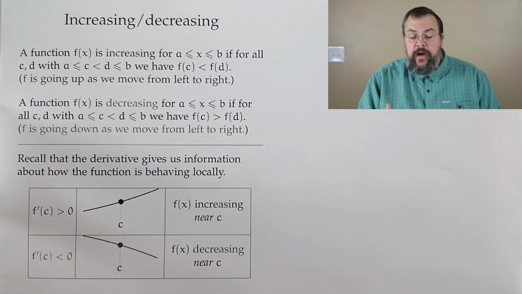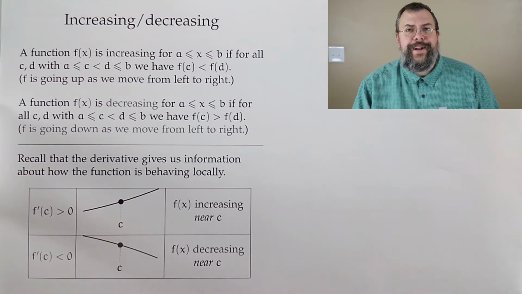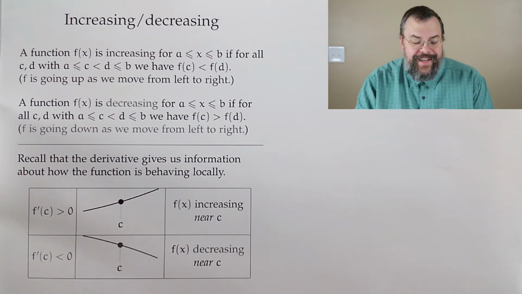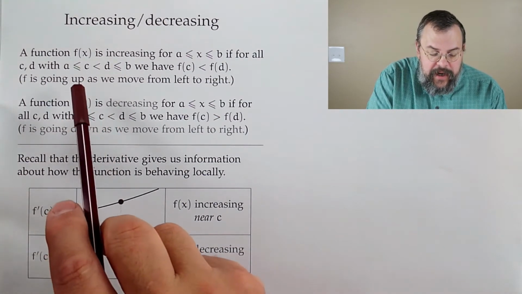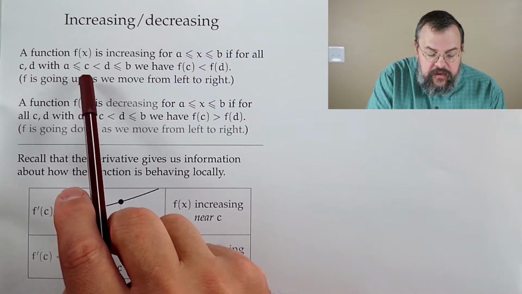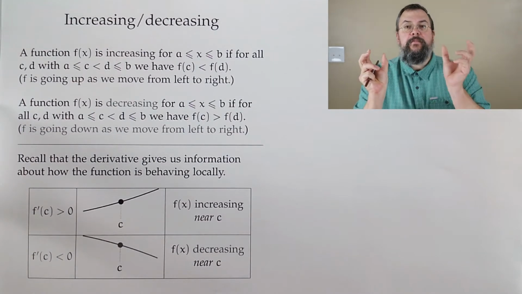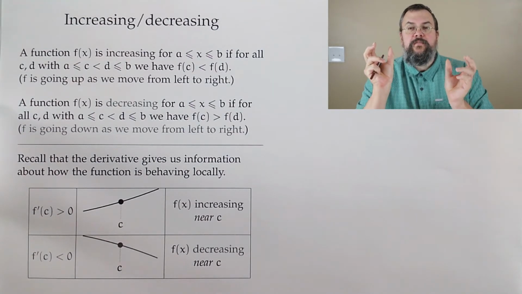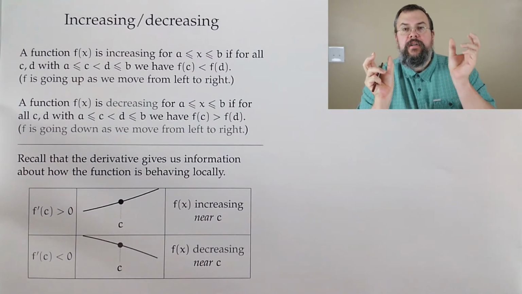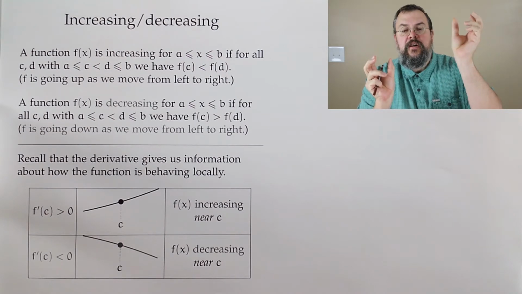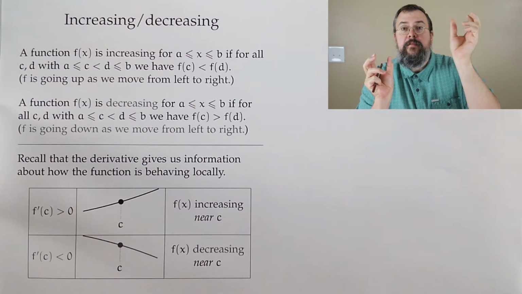The way we can define this, of course, is we always have to add a little bit of confusing math terminology, don't we? We say, look, if I compare the function at two points, c and d, where c comes before d, here's my value c, here's my value d, and I want to say, which one is bigger? If it's always the case that the one over here is larger, that means I'm increasing.